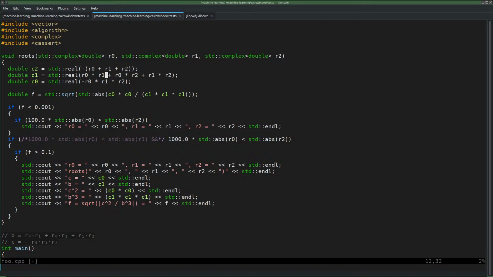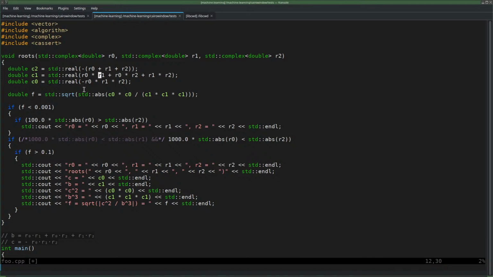If R0 and R1 are complex, then we get R0 plus R1 times R2, and so the conjugated imaginary part cancels out here, while of course a plus b times a minus b is just a squared plus b squared, so also here there is no complex part left.